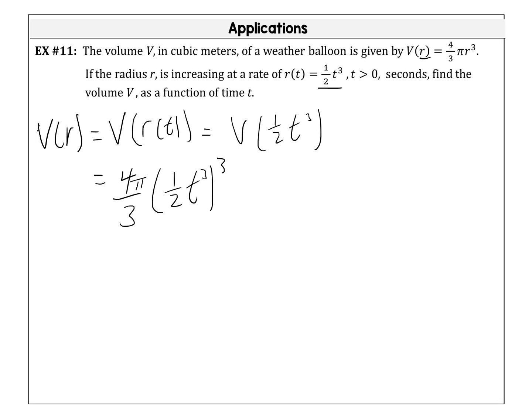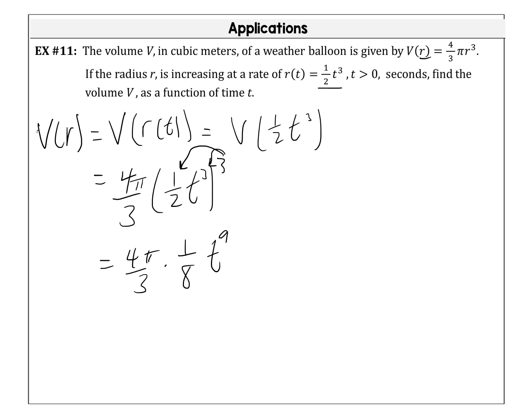So you're going to have 1/2 to the third. So we have 4 pi thirds, and you're going to distribute the 1/2. 1/2 to the third is going to be 1/8, and then you're going to distribute it to the 3. So we end up with t to the 9th, because 3 times 3 is 9.